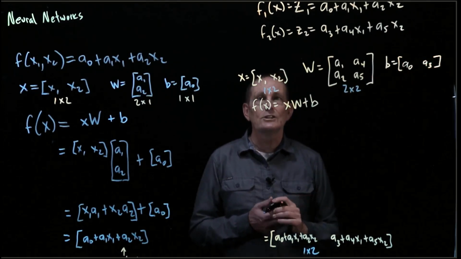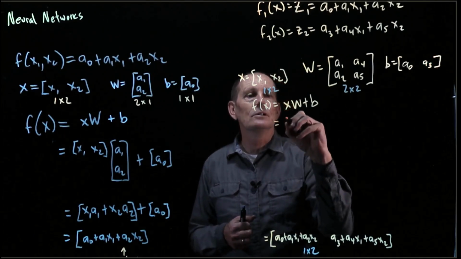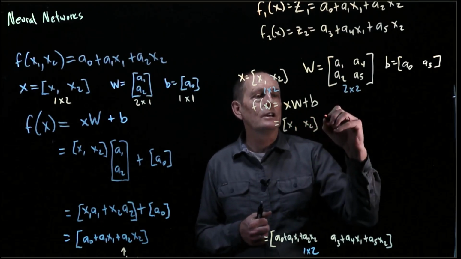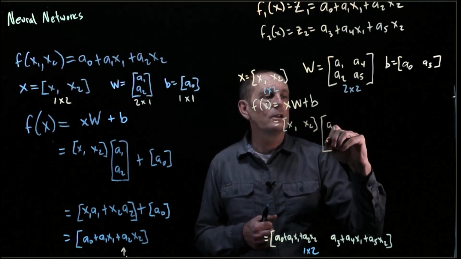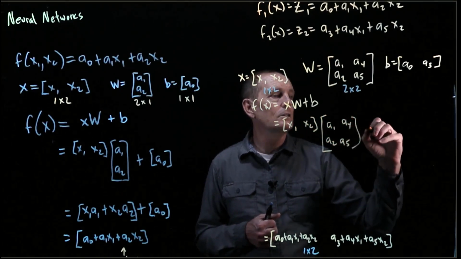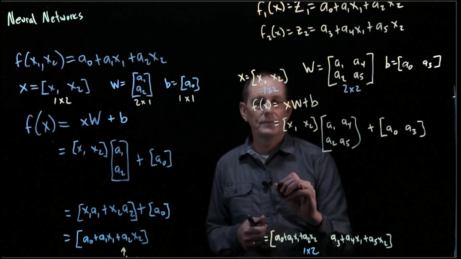So let's just go through the calculations again to make sure we agree. This is going to equal [x1, x2] times [a1, a2; a4, a5] plus [a0, a3].